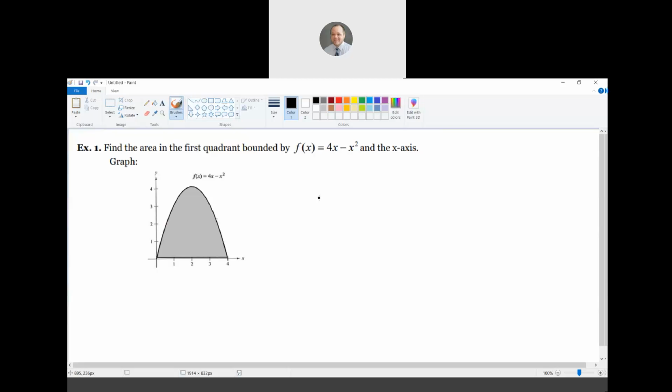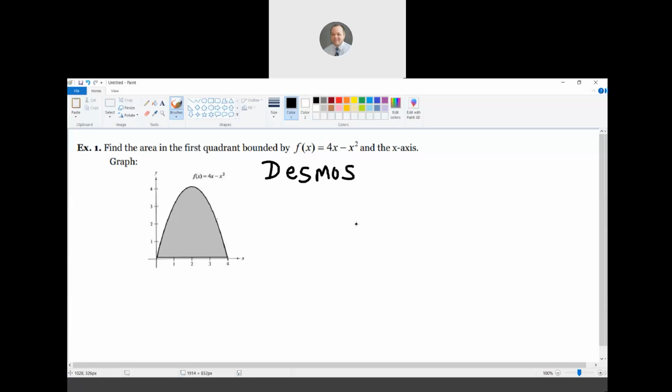Find the area in the first quadrant bounded by f of x equal to 4x minus x squared and the x-axis. Now, if a graph is not given for you, then graph your function on Desmos. With graphing, you can find your endpoints or your interval.